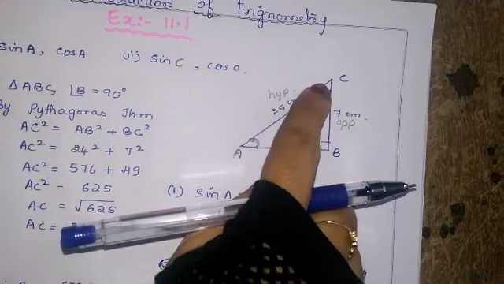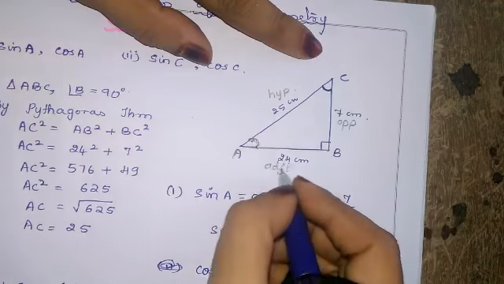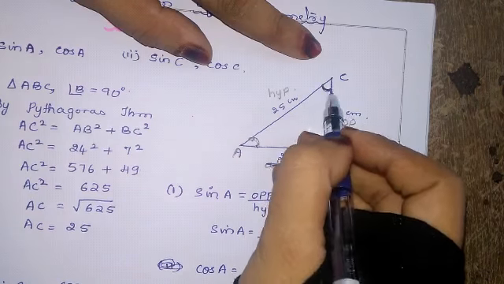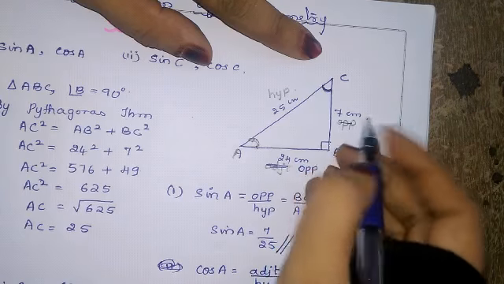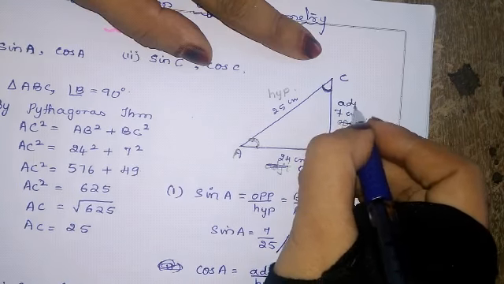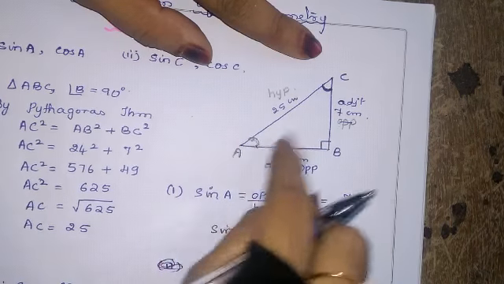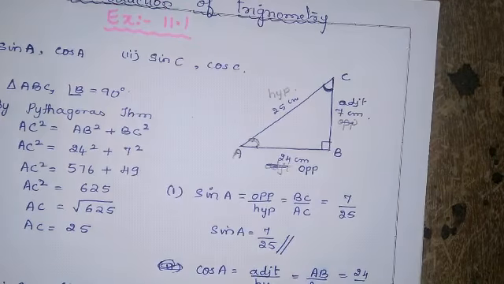Now, for C, this will be opposite, the side opposite to the angle. This is not adjacent now. This is adjacent, the side along the angle line. For angle C, this becomes the opposite and this becomes adjacent. Okay, let us find now.